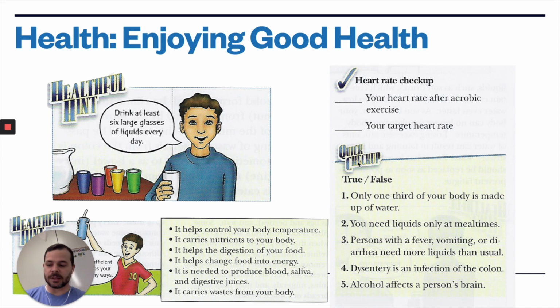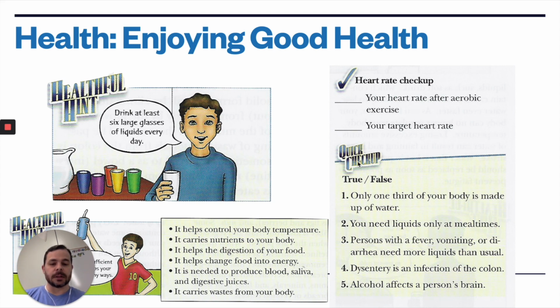All right, for true and false on page 56. So you should say only 1/3 of your body is made up of water, and that is false. It's around 70-75%. And then you need liquids only at meal times. That is false again. So liquid throughout the day.